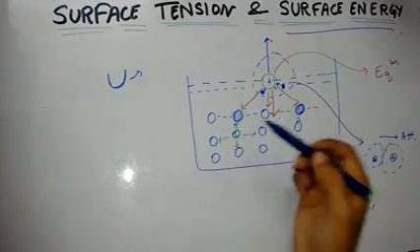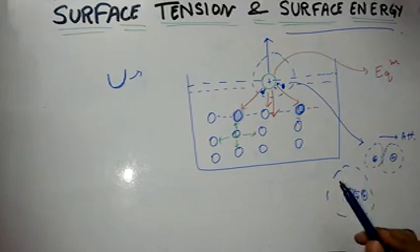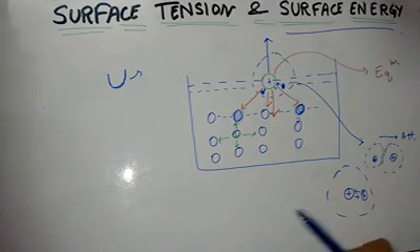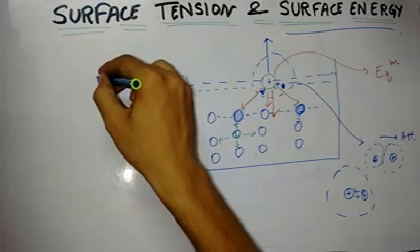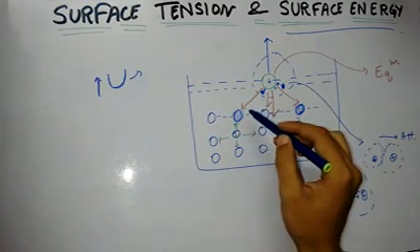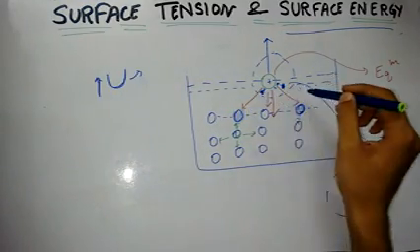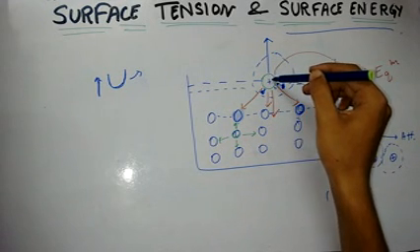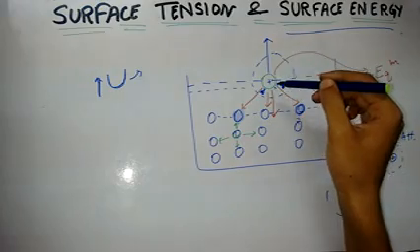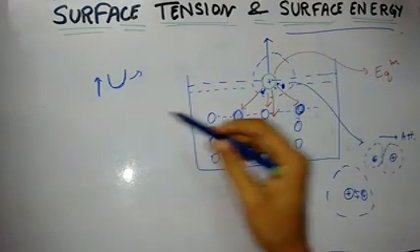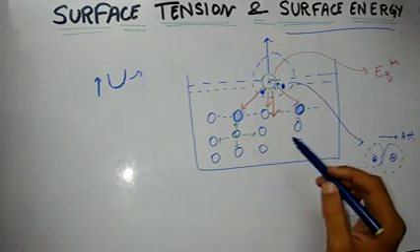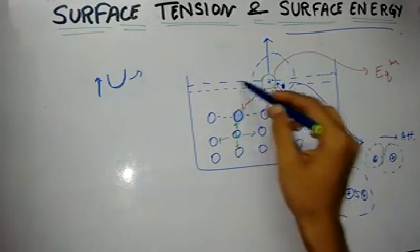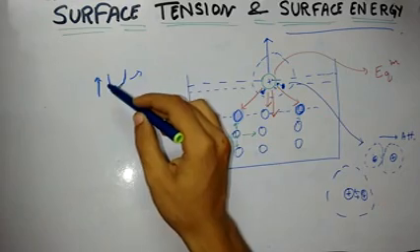Every system wants to have minimum energy. So this increases and this increases because of surface tension, and because this molecule wants to be in equilibrium, and because of the increase in surface, this will increase.